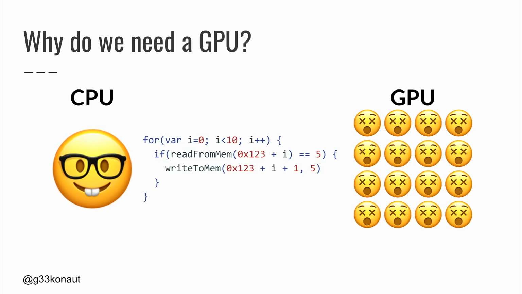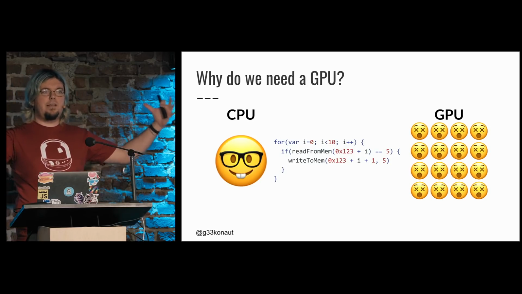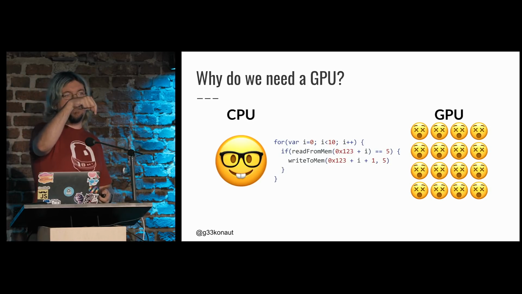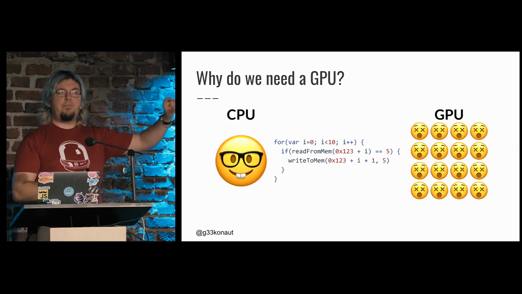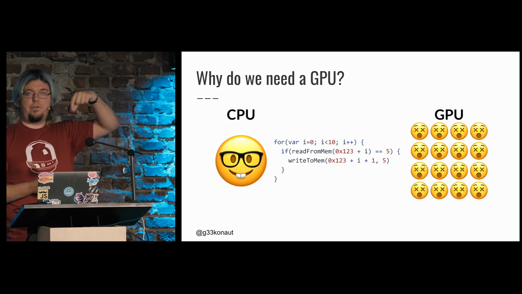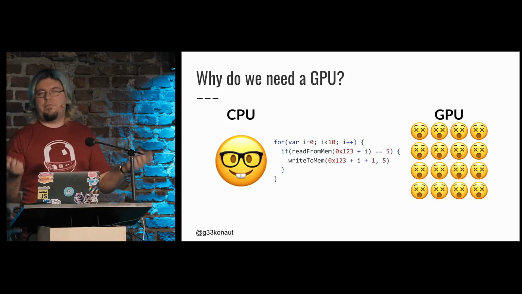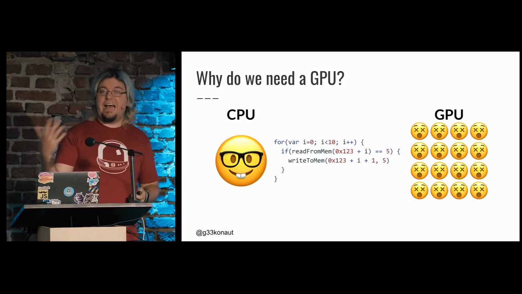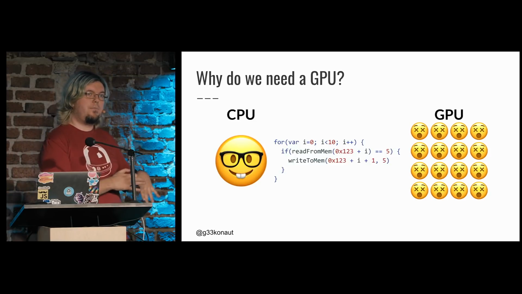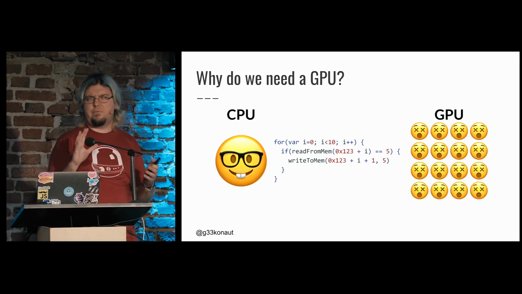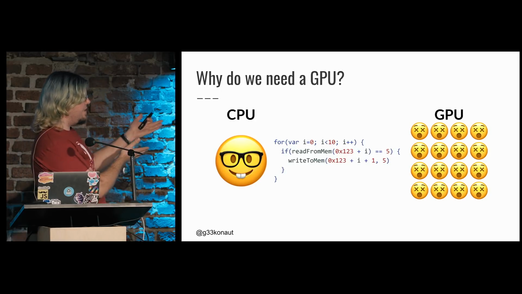Imagine you have a long list, and somewhere in the list there is a 5. Then this program would place a 5 for every other element in this list after the first 5 was found. Not very useful, but it's one kind of application where we are reading from memory, writing to memory, and we have to make predictions, and that's really tricky. And you can't really do this in parallel.